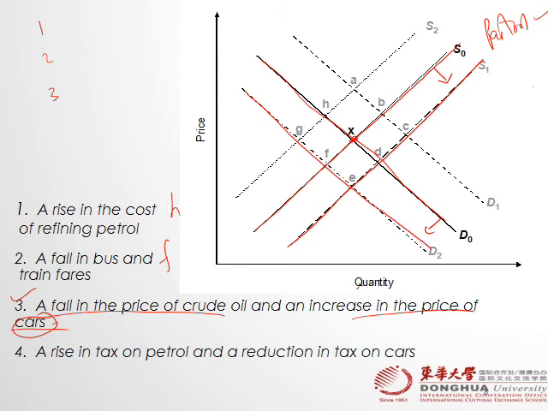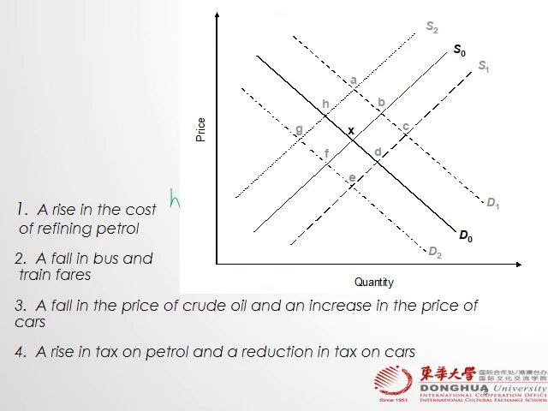We have supply and demand both: supply increases, demand decreases, and we have a new equilibrium, that is E. So we have H, F, and E.